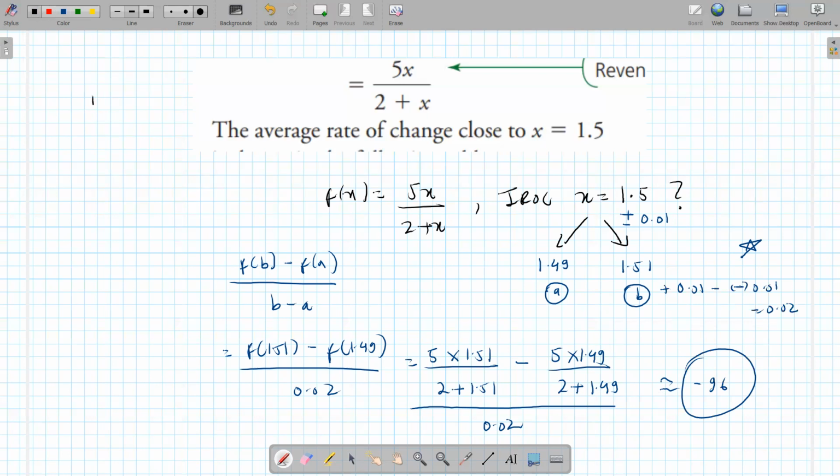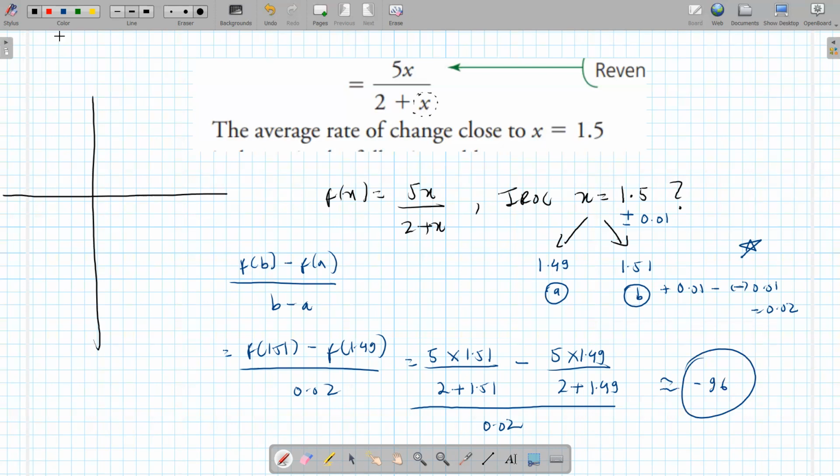So what did we just find? If you want to graph this function, I don't know if you remember this, what value of x will give you a 0 in the denominator? What can x not be? Negative 2.